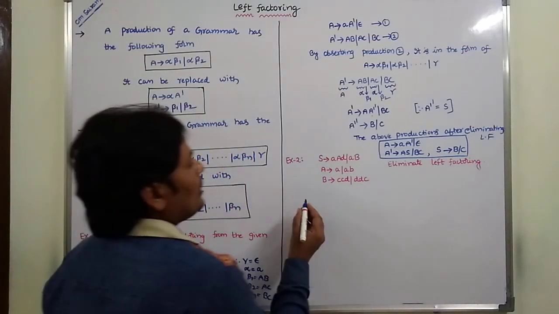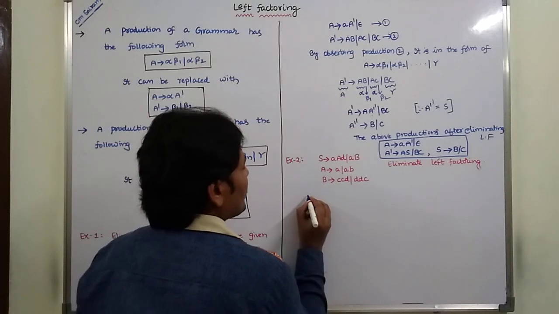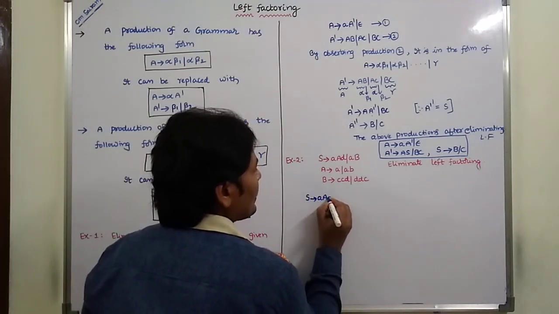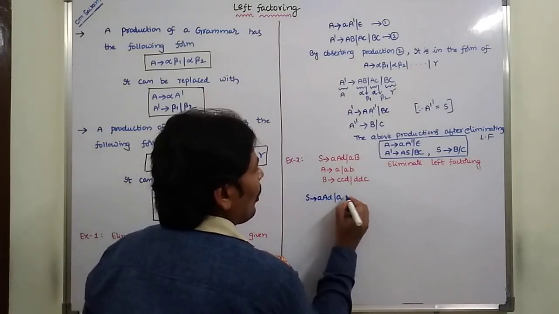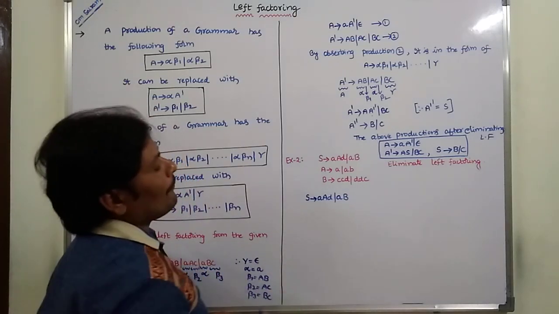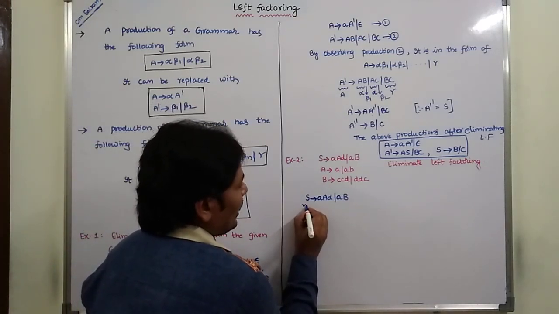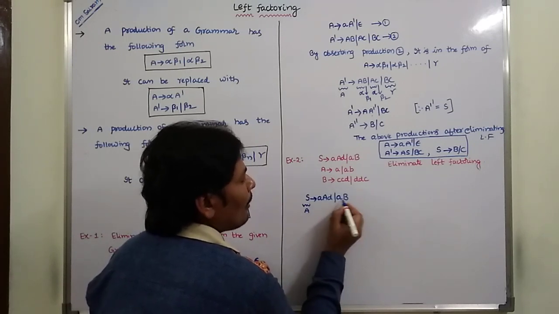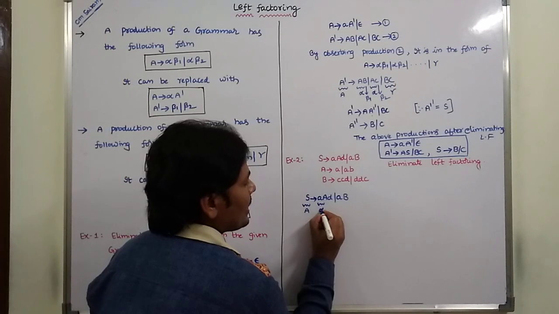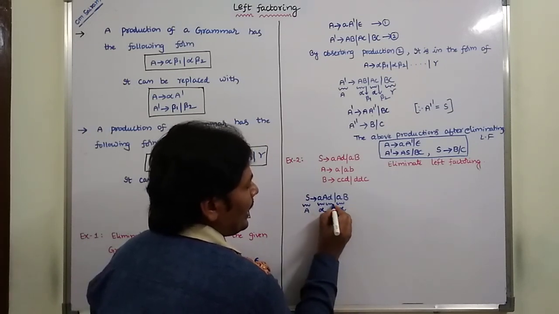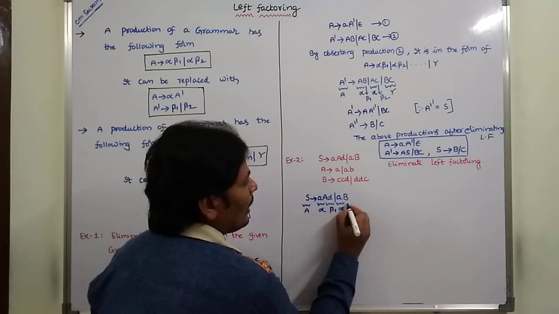First one, we are taking the first one: S tends to small a capital A small d by small a capital B. So now it is in the form of this: here in both, the common prefix is small a, this is alpha, and AD is beta 1 and B is beta 2.